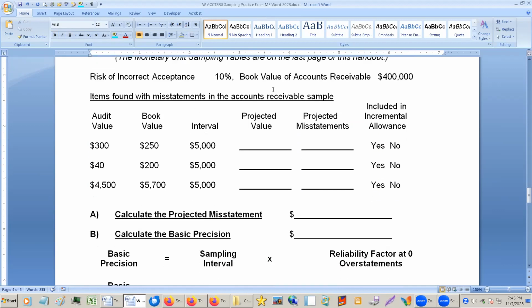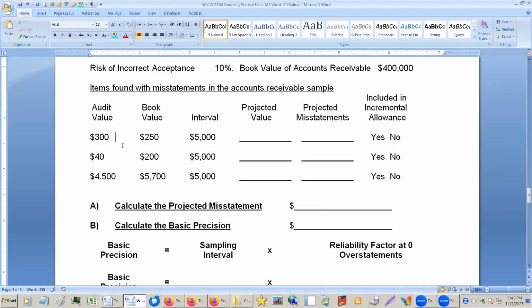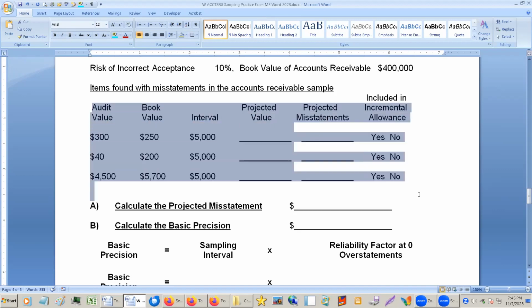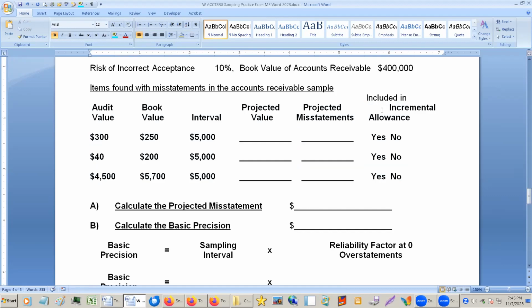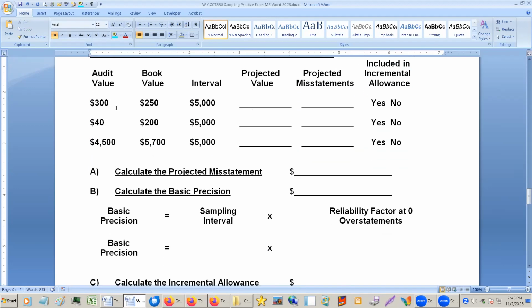Okay, so let's go to the projected misstatement. Two of these are wacky, one of them's normal.